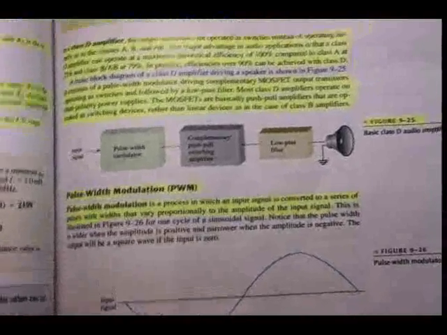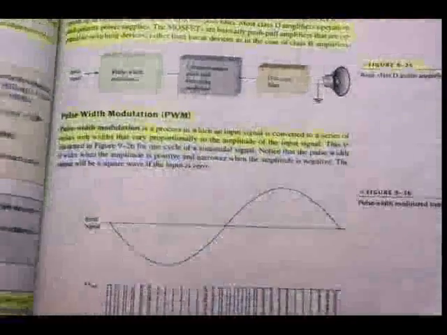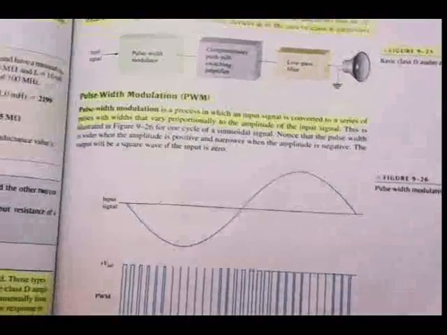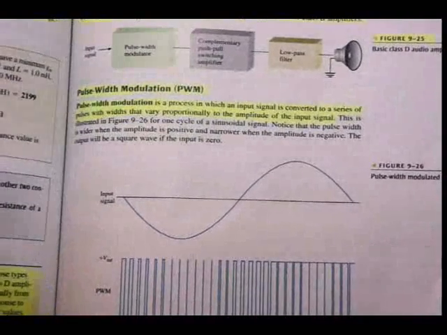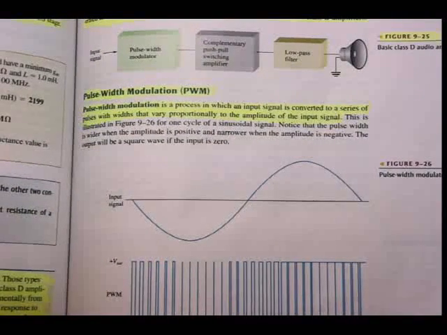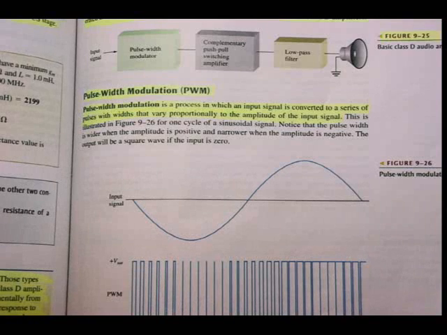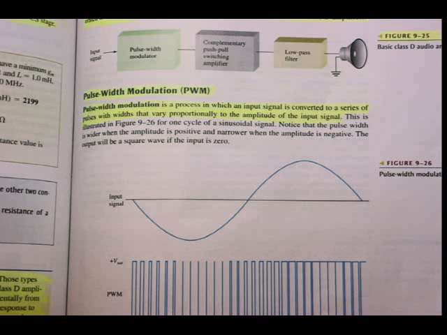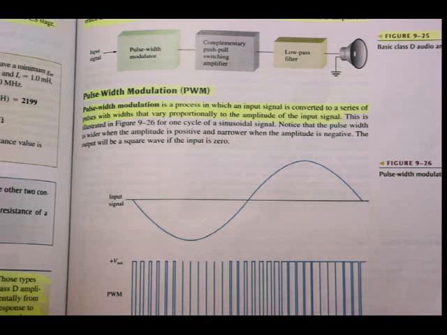the pulse width modulation, as in the block diagram. Pulse width modulation, please underline that first sentence. Pulse width modulation is a process in which an input signal is converted to a series of pulses with widths that vary proportionally to the amplitude of the input signal.